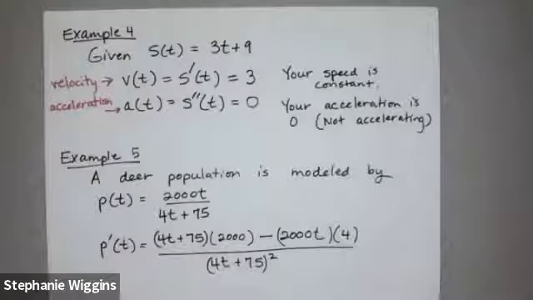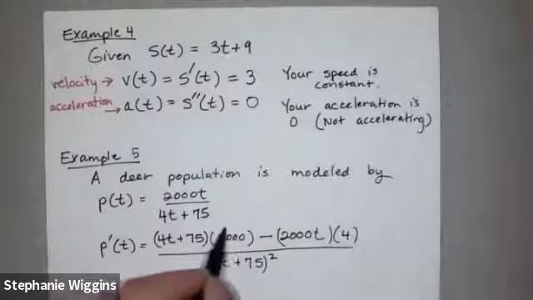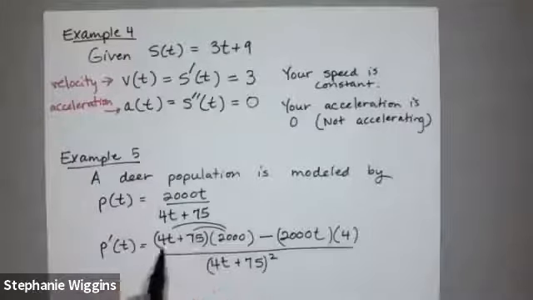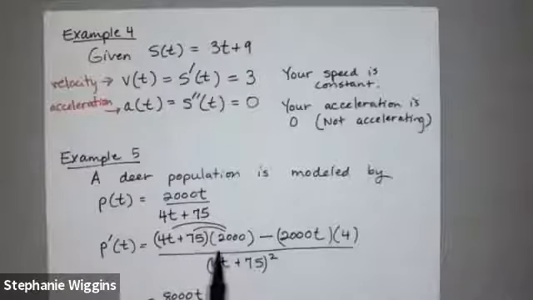To simplify that, let's go ahead and distribute this. You'll get 8,000t. And 2,000 times 75 is 150,000.